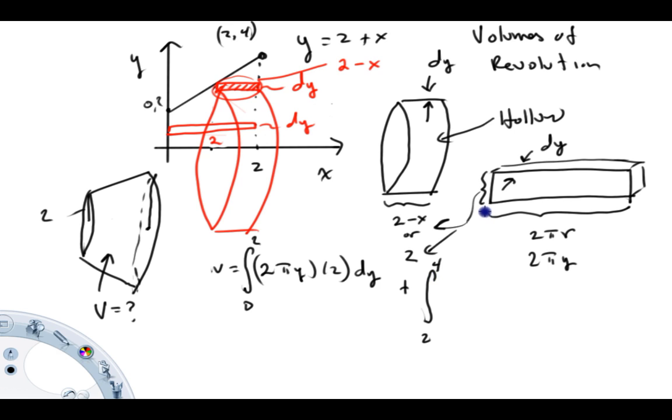And it's going to be very similar. Okay, length, 2 pi y, times this dimension, but now we're talking about this rectangle, whose length is equal to 2 minus x. I'll just leave that for now. And then times the thickness, dy.